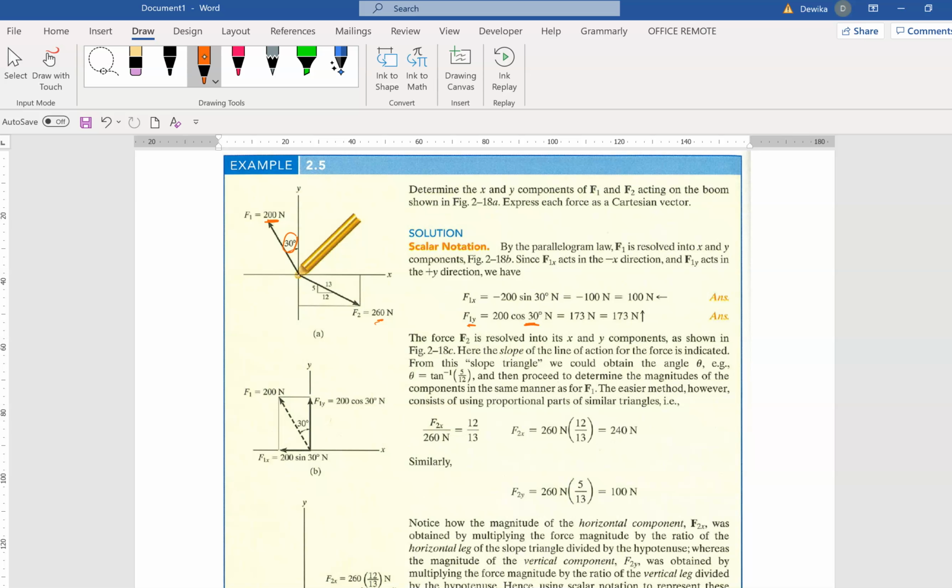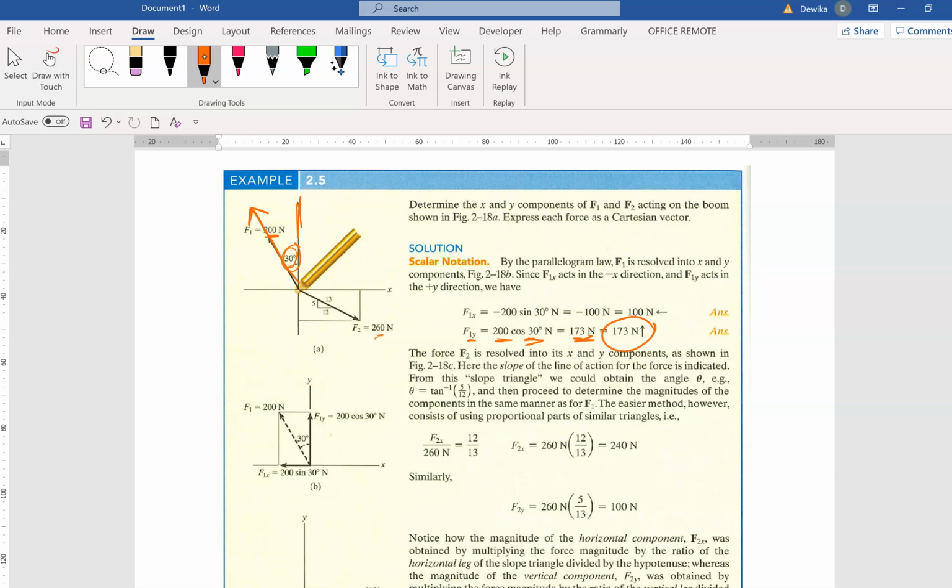It's a shortcut method that I always teach students, but if you don't understand, it's okay. You can always use your trigonometry method, but this is a bit of a shortcut. So 200, close the armpit, you have cos. So 200 cos 30 equals 173. It is in the positive direction because, can you see this arrow? When you resolve it, it's actually going to go up. So that's why it is positive. Can you understand?